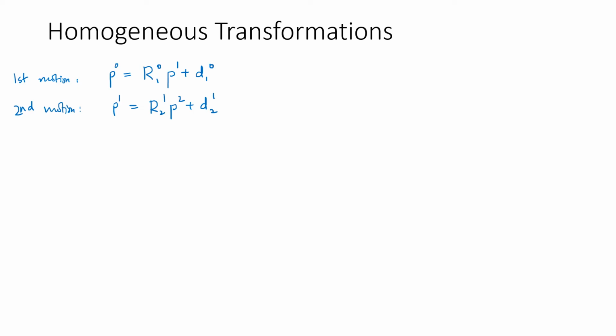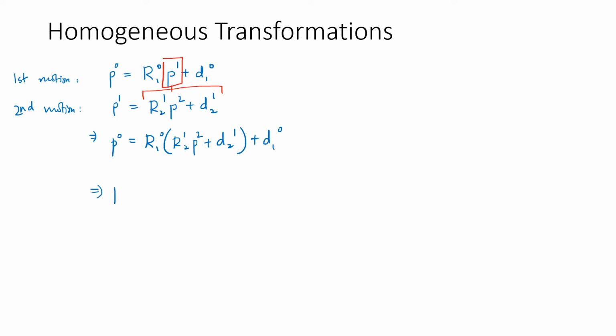Now, in this particular case, you can readily observe that P1 is appearing over here, which you can replace with this whole expression over here. So that would mean, using the consistent color, that P0 is equal to R10, and then you can plug in this whole expression, which is R21 times P in the second frame plus D21, added with D10.